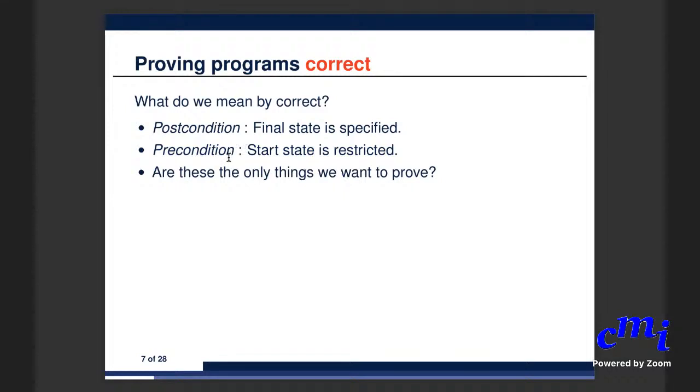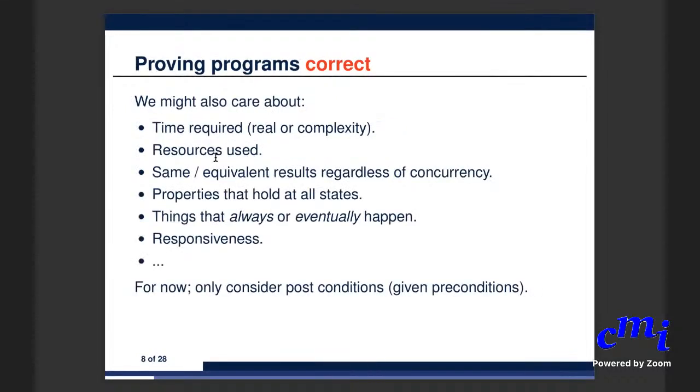But of course, these are not the only things that we may want to prove. There could be lots of other kinds of programs, like non-terminating programs and concurrent programs, for which a specification based on pre and post condition may not be suitable. Concurrent programs in general are non-terminating, in which case you can't specify a post condition for them.